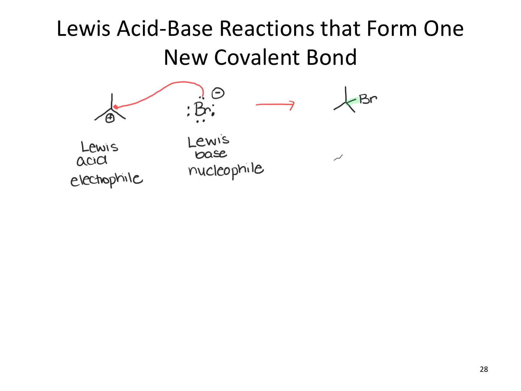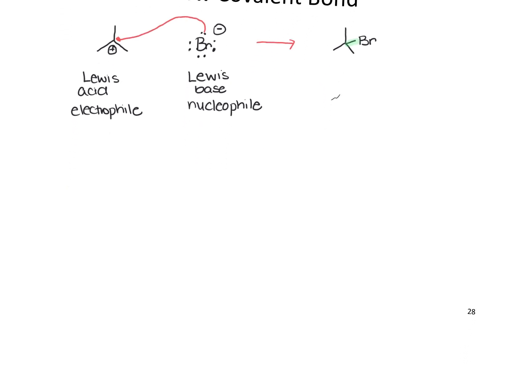Now, I want to show another example, where we have HCl and this molecule right here. And so when we look at this, we have hydrochloric acid, which is going to be our Lewis acid.